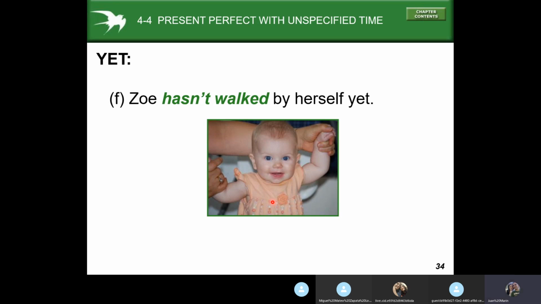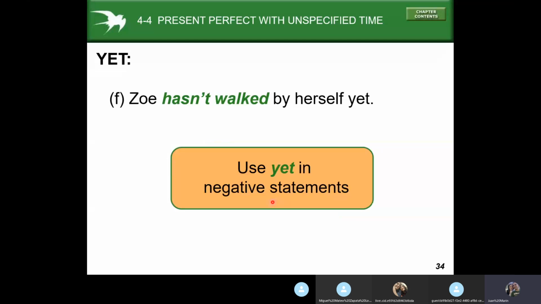Hasn't walked. Okay, use yet in negative statements. So already in affirmative statements and yet for negative statements. Example, Zoe hasn't walked by herself yet.